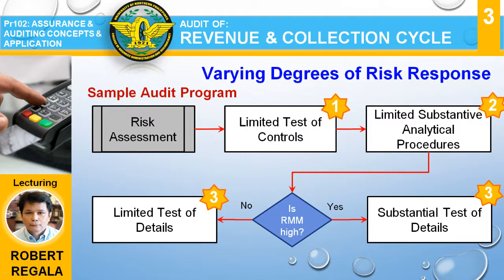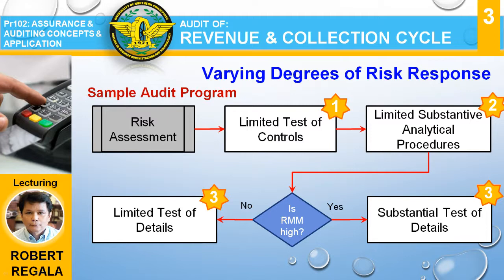The sufficiency and appropriateness of selected procedures will vary to achieve the desired level of assurance for each relevant assertion. While audit firms may have a standardized audit program for the revenue cycle, the auditor should customize it based on the assessed RMM.